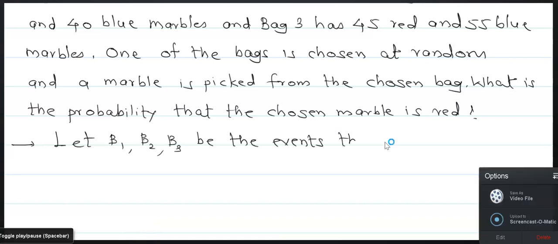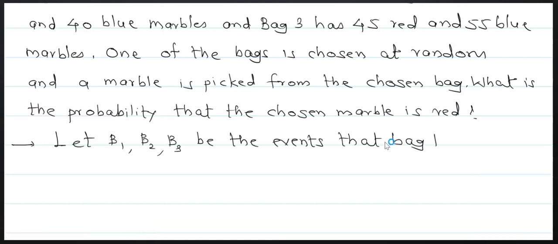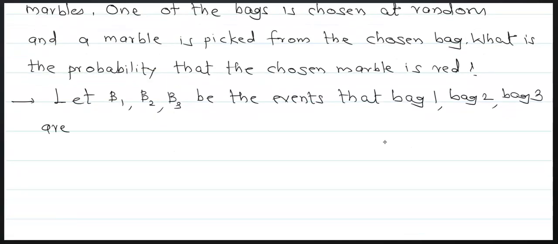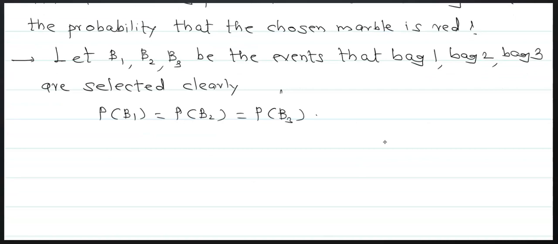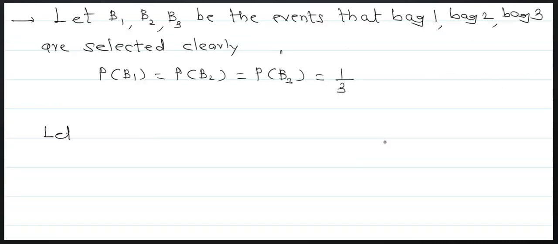Now see this. Let B1, B2, B3 be the events that bag 1, bag 2, bag 3 are selected. Clearly, probability of B1 is equal to probability of B2 is equal to probability of B3. That is equal chances, which is equal to 1 by 3.